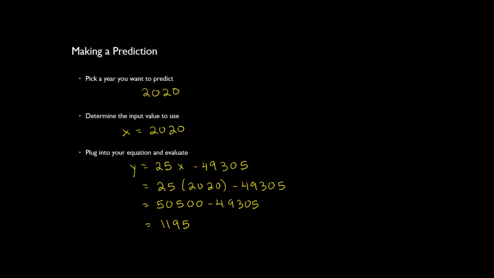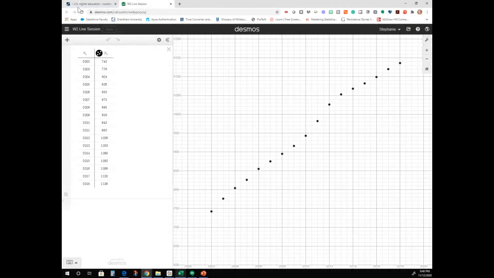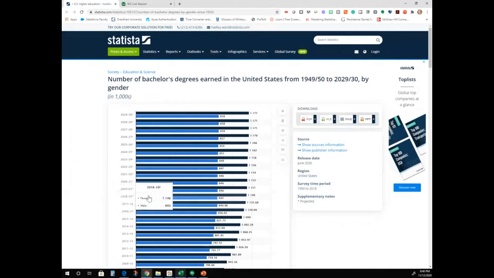So we've made our prediction, and let's see how close that is to the actual prediction that this website comes out with. 2020 is the last year here, that's how I matched up my data. They use 1,151. So they have a different prediction than we do, different by less than 50.